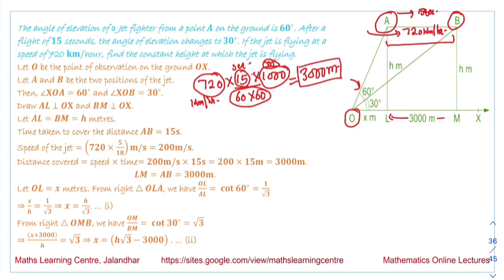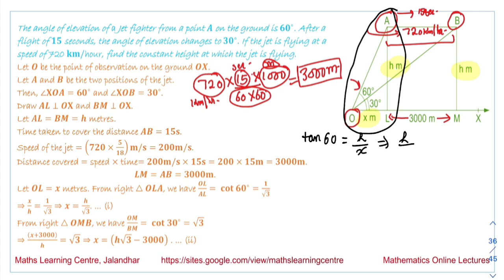So this distance, LM, is 3000 meters. Now we have to find the constant height at which the jet is flying. Suppose the constant height is h, and this distance OL is x meters. So in the triangle OAL we have tan 60 equal to h by x.